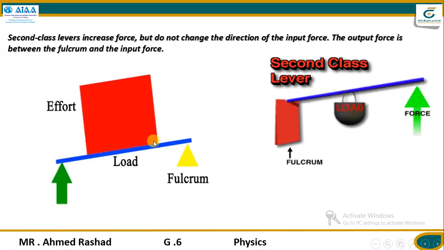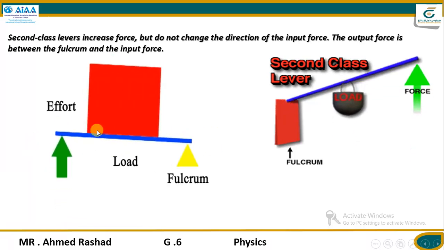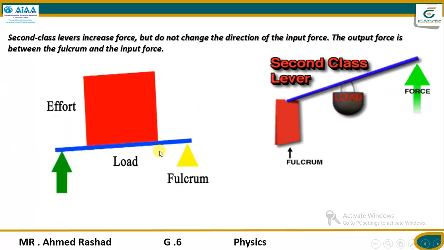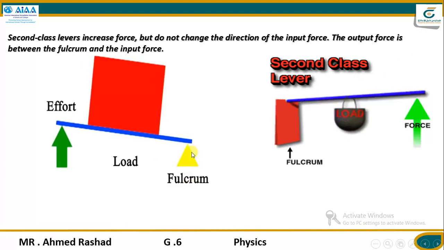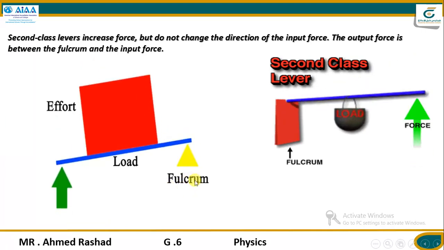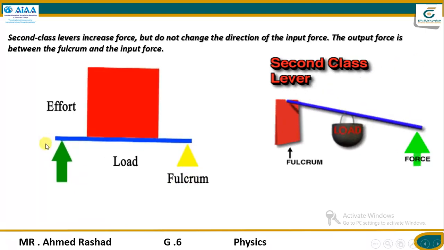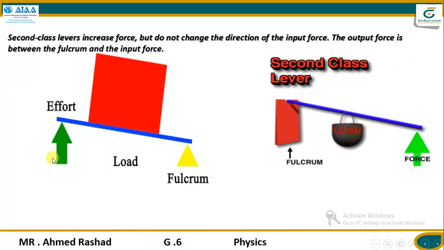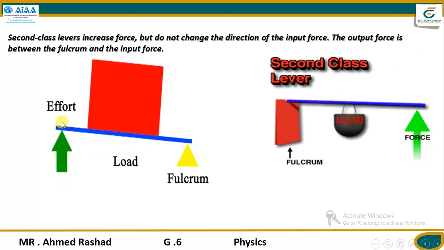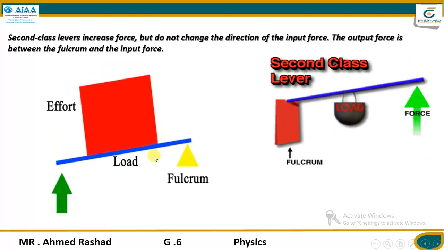Again, in simple words, the second class of levers talks about some flat or rigid bar that we can put on one side of the fulcrum, with the input force on the other side, and the output force takes place between the fulcrum and input force.